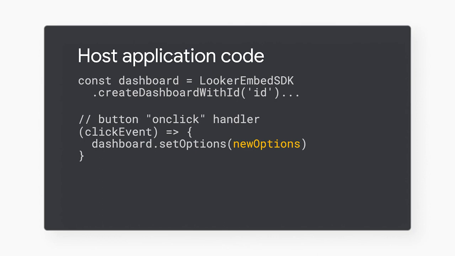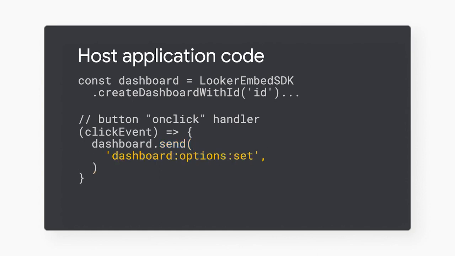The method sends a message to the embedded dashboard to update its options. Note that the Embed SDK provides the setOptions method as a convenience to you. You can instead call the send method with the dashboard options set message and the same options payload too. Now, when the user clicks on the button, the embedded dashboard receives a message to dynamically update its layout.